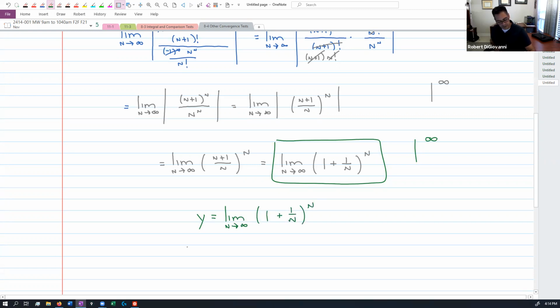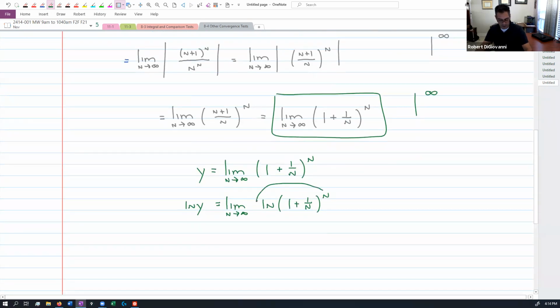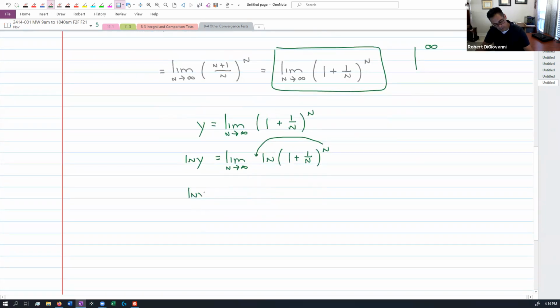Then what we do is take the natural log on both sides of this equation. That allows us to bring the natural log through the limit, in front of this. The reason we do that is so we can bring this power down in front. Like I said, this is a Cal 1 topic, using L'Hopital's rule.